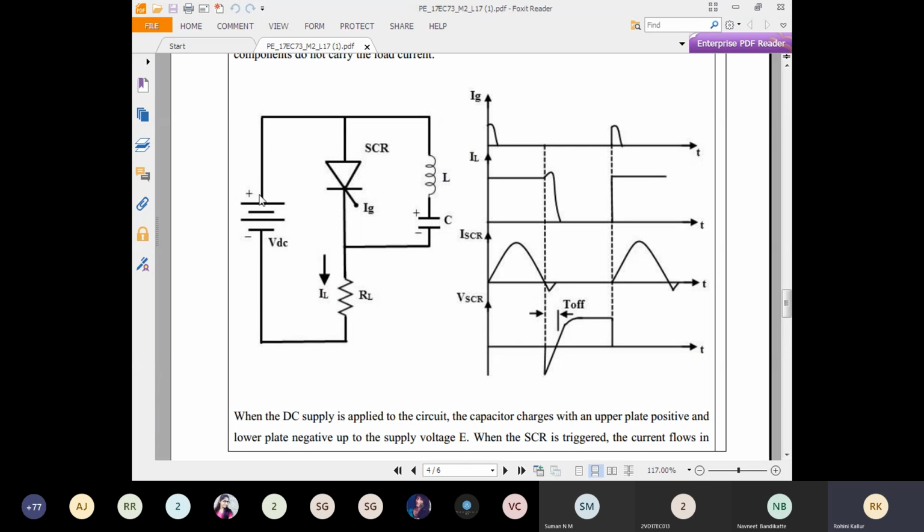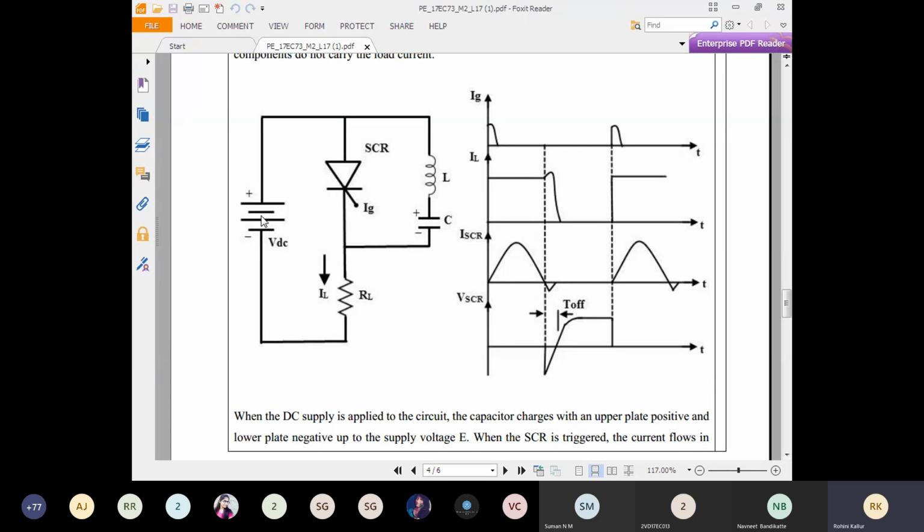When the device is on, the current passes through this and you get your load current, and so you get the load voltage. Whenever the device is not conducting, initially assume that this SCR is off.